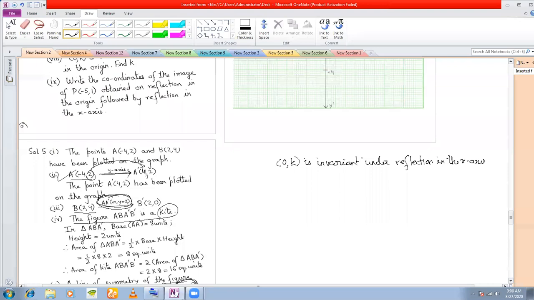So what does it mean? What does it mean? 0k when reflected in the x-axis remains 0k, isn't it? Or better still, if it is invariant, first of all we'll find the image.